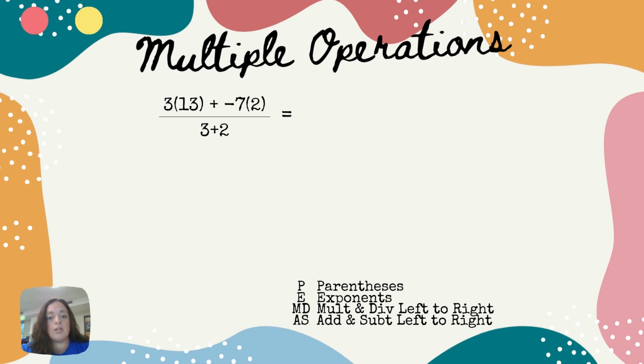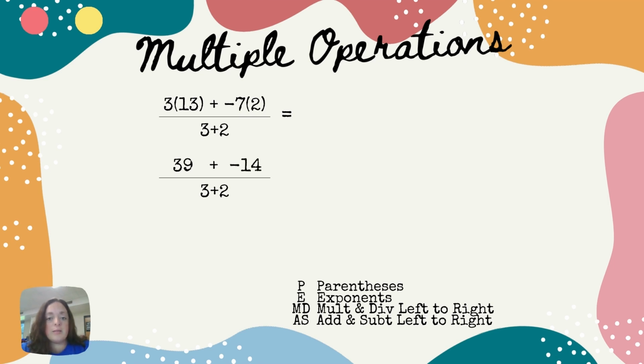So we'll do multiplication from left to right. The first thing we'll do is 3 times 13. 3 times 13 is 39. Then we will multiply negative 7 times 2. A negative times a positive is negative, and 7 times 2 is 14. So we will put negative 14 there.